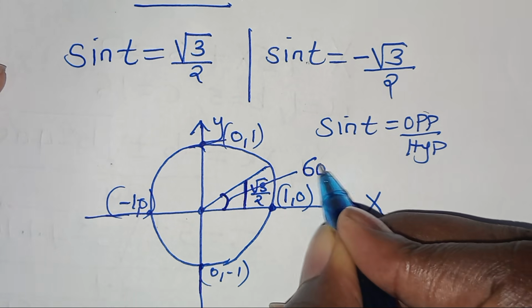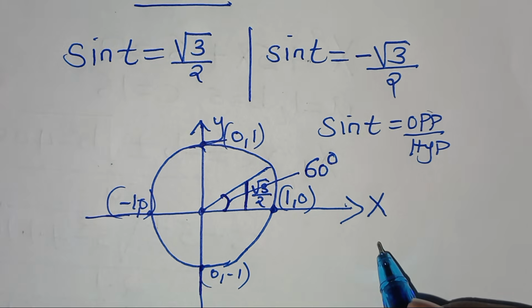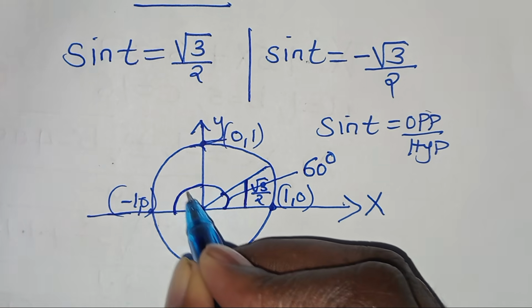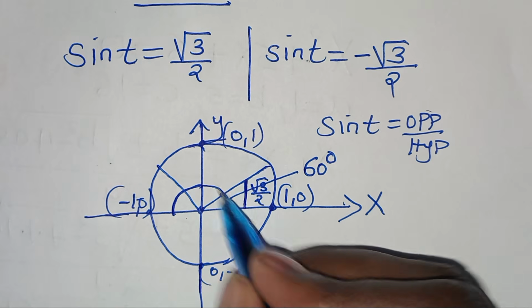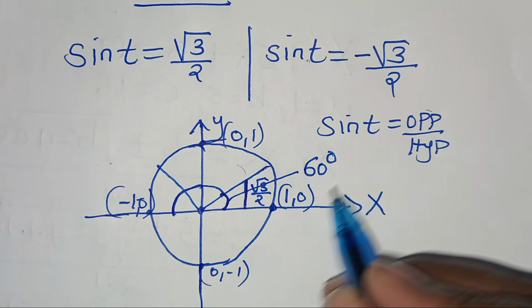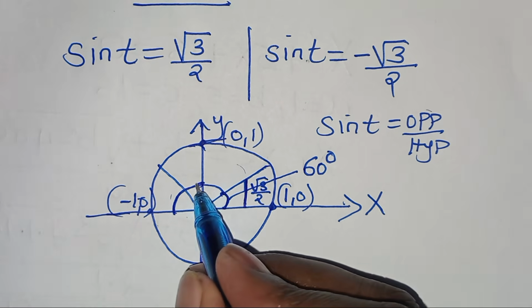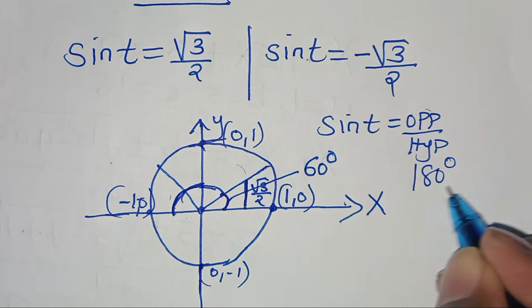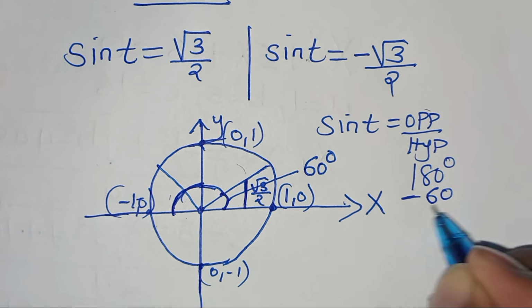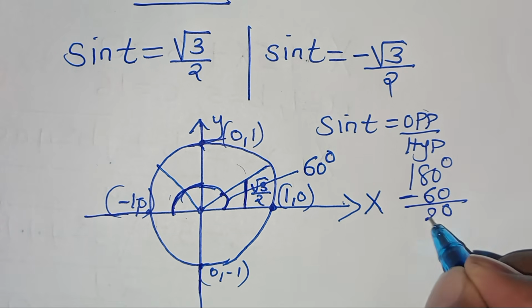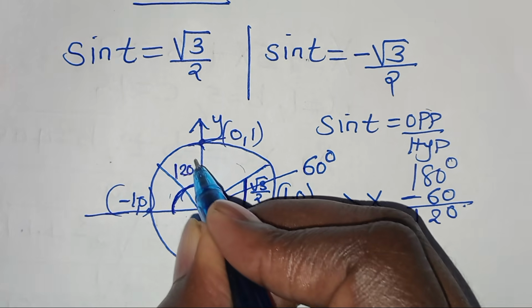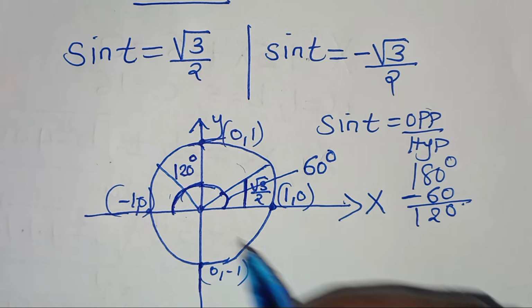So this is 60 degrees in the first quadrant. In the second quadrant, we also have an angle, which is 180 degrees subtract 60 degrees, and this is equal to 120 degrees. So we have 120 degrees in the second quadrant.